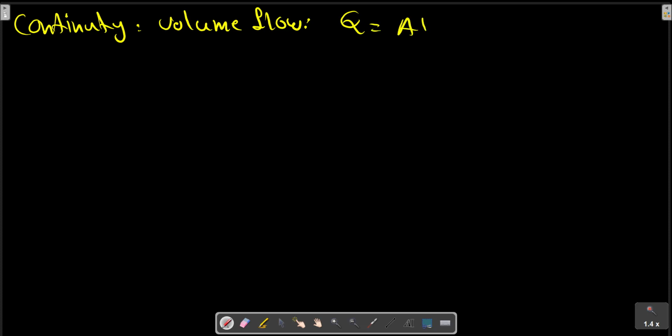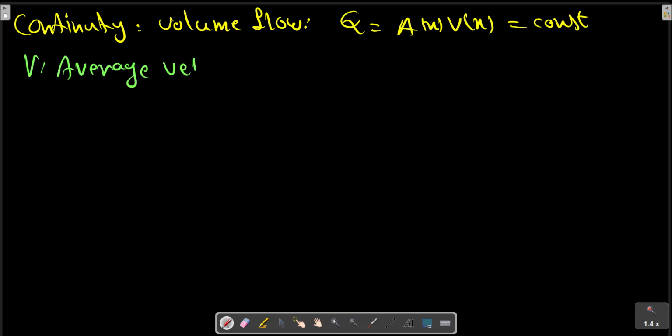Let me write again. Continuity as volume flow: A times V equals constant, where V is the average velocity and A is the local cross-sectional area.